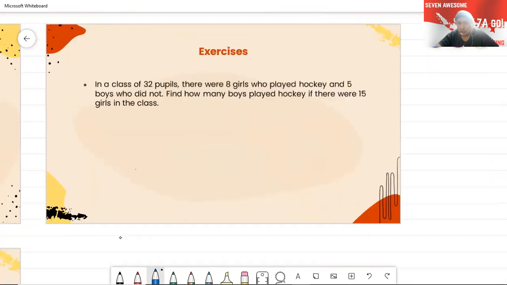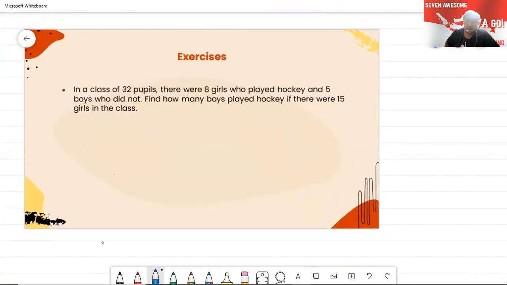Okay, now, in a class of 32 pupils, there were 8 girls who played hockey and 5 boys who did not. Find how many boys played hockey if there were 15 girls in the class. Okay. Boys equal to 32 pupils minus 15 pupils equal to 17 pupils for boys.